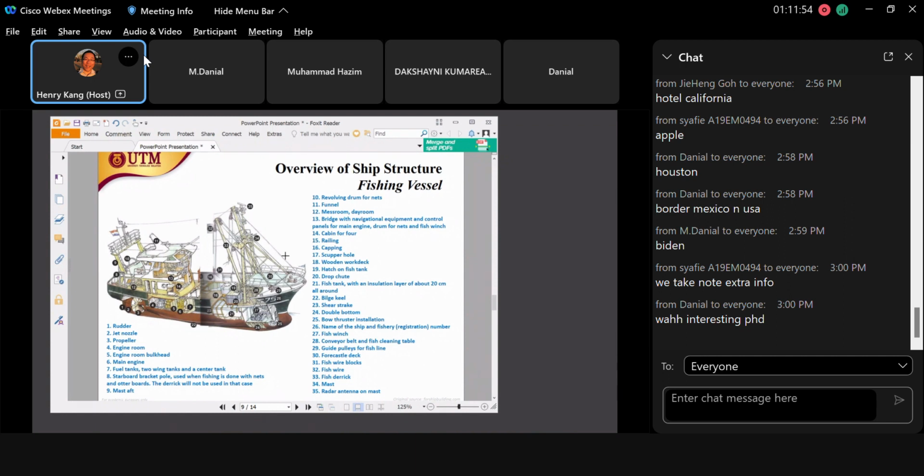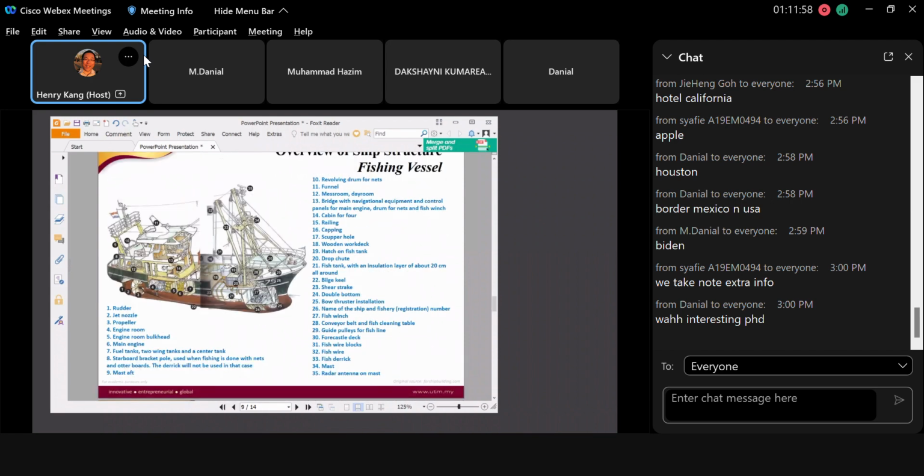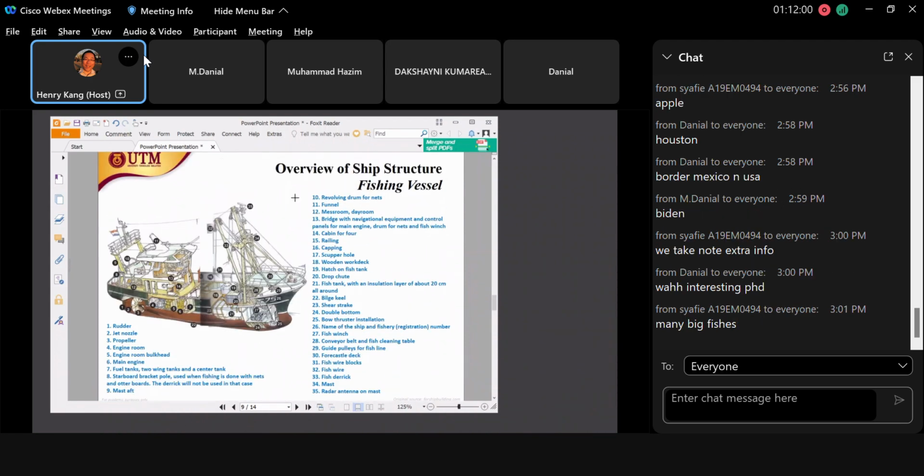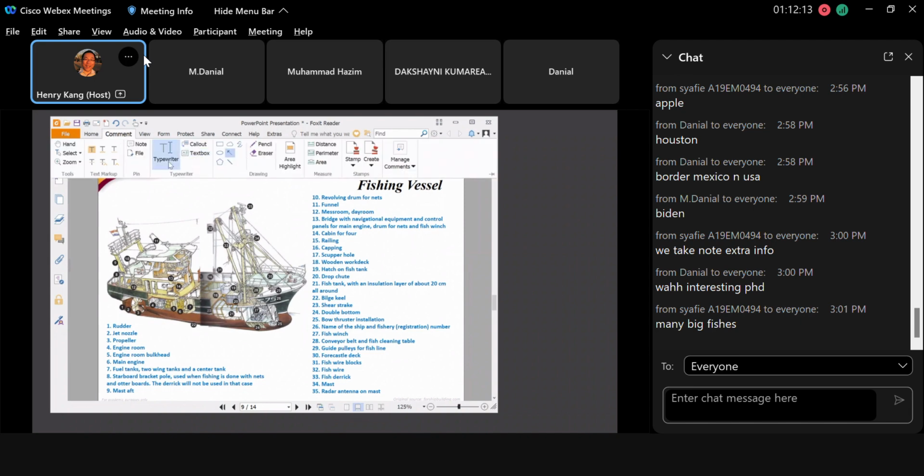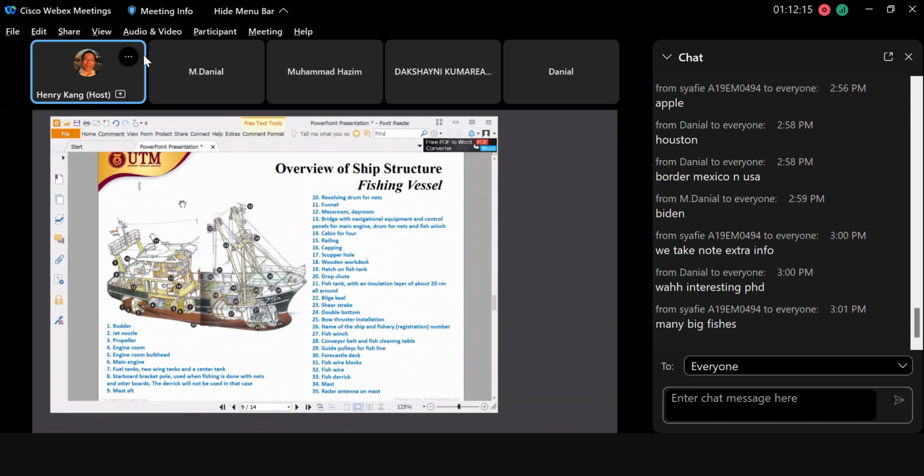The area. Okay. So for this fishing vessel, they have a lot of big fish, and salmon. When you go to IKEA, you'll see they have salmon fish.